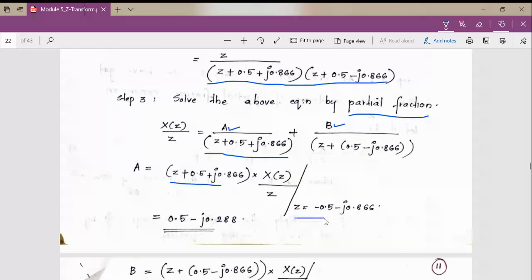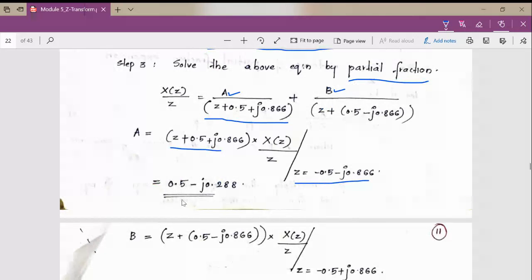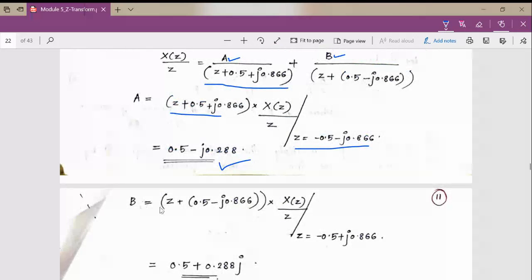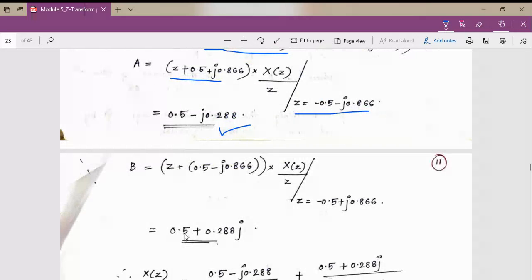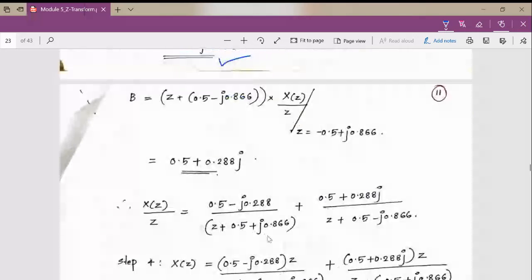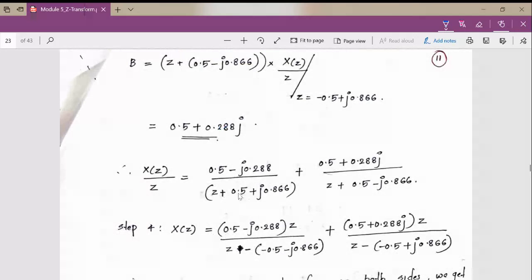Substituting that value of Z in this equation, we get A as 0.5 minus j 0.288. This is a constant. Similarly, we find B, which is 0.5 plus 0.288j.